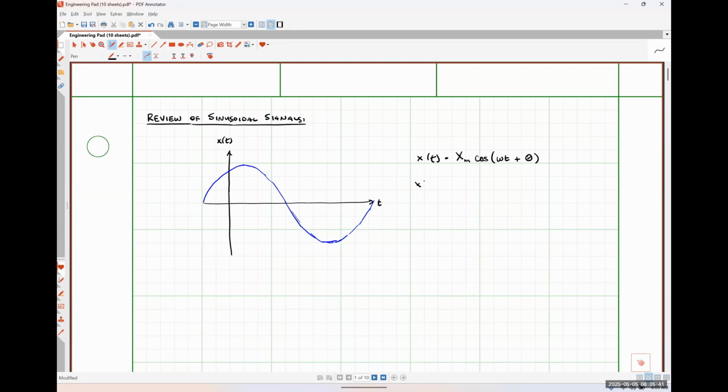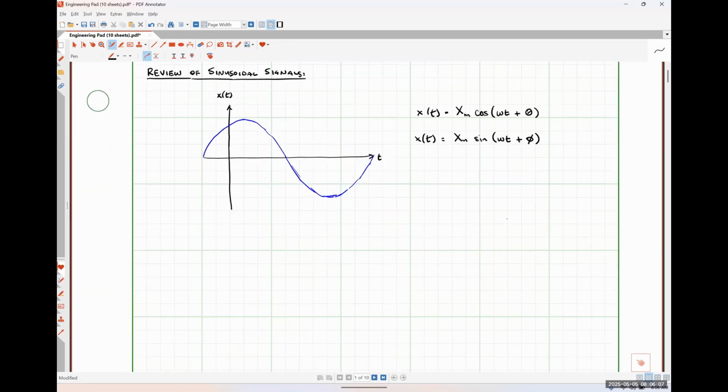Or I could alternatively express this exact same signal as X of t equals X sub m sine omega t plus some phase angle phi. And the first thing that I want us to do is unpack and make sure that we understand what all of the constituent parts of these sinusoidal signals represent.